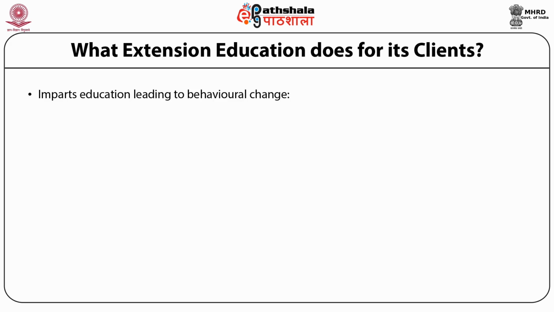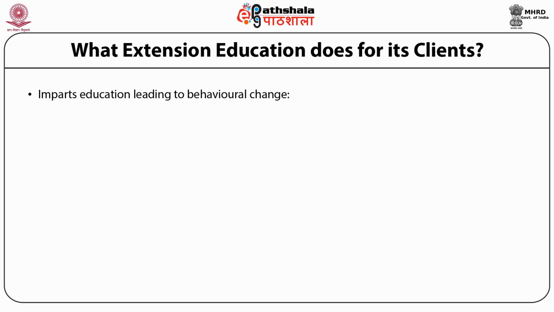Hence, extension always adopts an educational approach to inculcate behavioral change and, in turn, achieve development. Extension emphasizes education through all possible media, be it formal, non-formal, or informal education. In any way, there should be education and the client should make a deliberate attempt to change behavior.